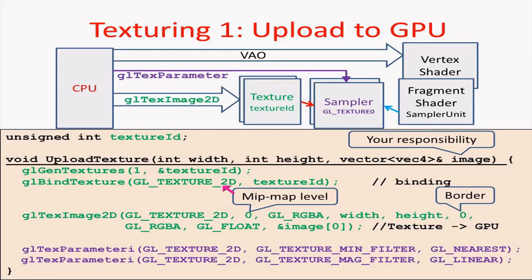With glTexImage2D, we can upload the image to the texture. The parameters are as follows. GL_TEXTURE_2D is the target, so this operation will modify the texture which is bound to the GL_TEXTURE_2D resource, which is the texture that was generated here.